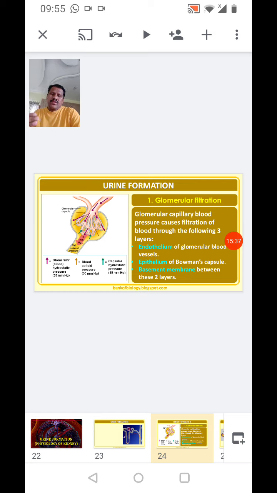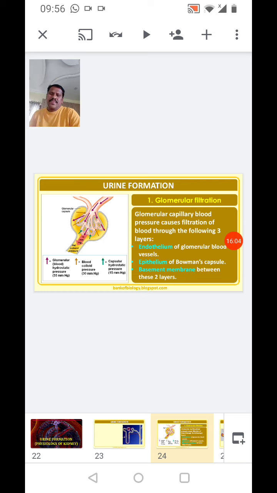These three together, the endothelium, basement membrane and podocytes, form the filtration membrane, which contains minute pores like fenestrations and filtration slits. Through these only the blood is filtered.